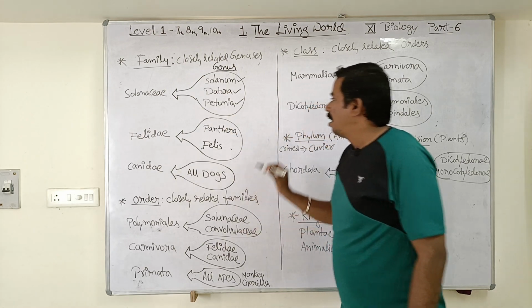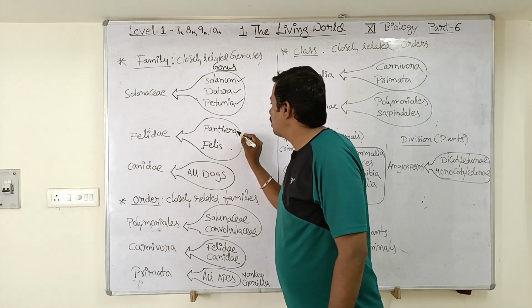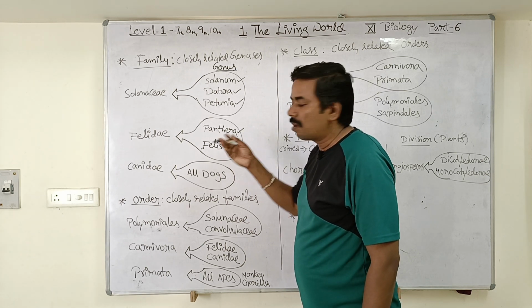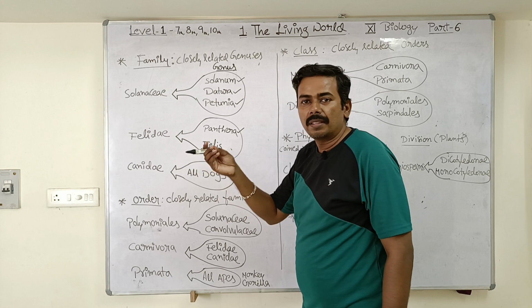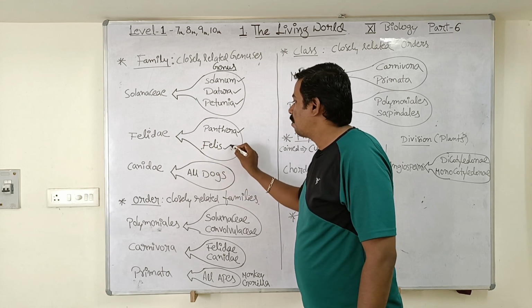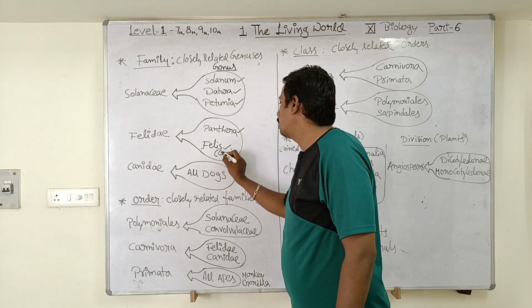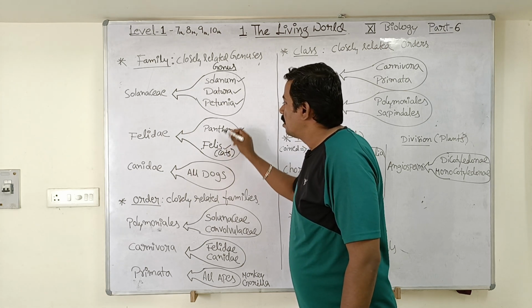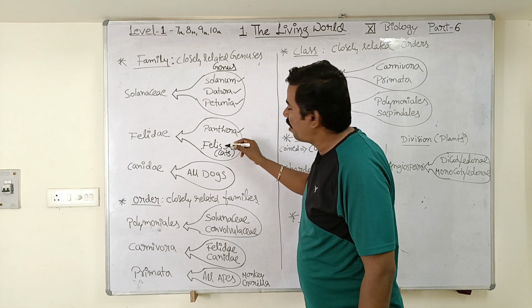Understood? Next, let us see the genus of animals, Panthera. So Panthera genus includes what? Tiger, leopard, lion, these animals. Felis genus includes what? All cats. All the cats are included under the genus called as Felis. But there are some similarities in genus Panthera and Felis, isn't it?